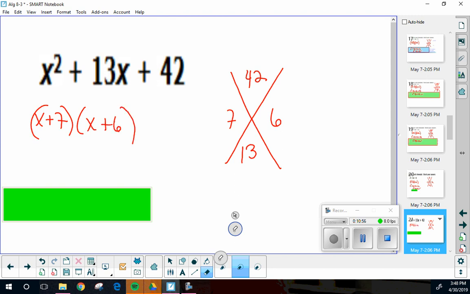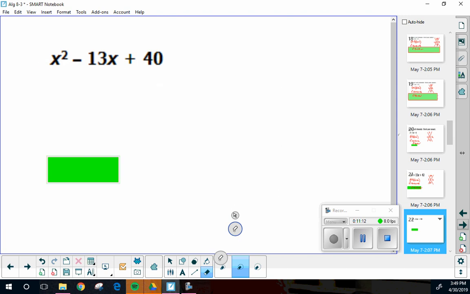And when you check it, x squared plus 7x plus 6x plus 42, x squared plus 13x plus 42, back to where I started.